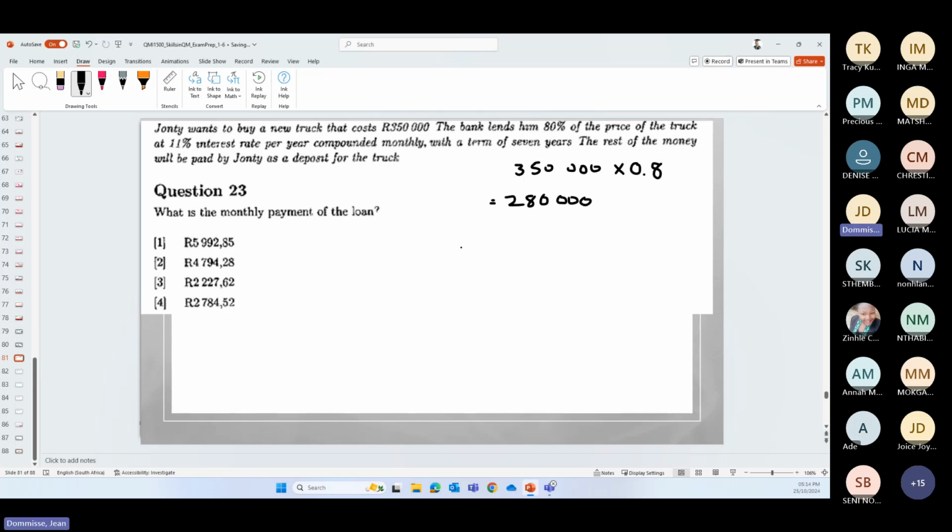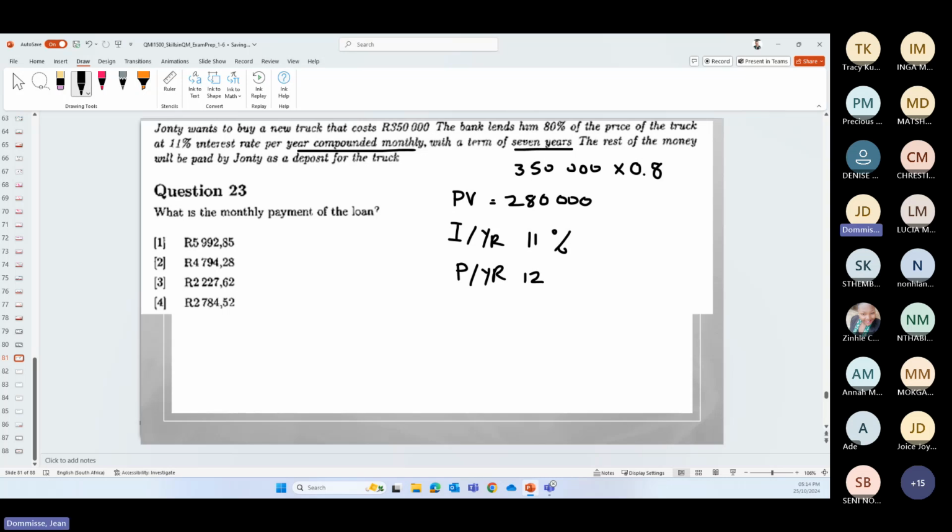So we can say that is the present value. He's taking that out at an interest rate of 11%, compounded monthly, so we know it is 12 times per year, with a term of 7 years.